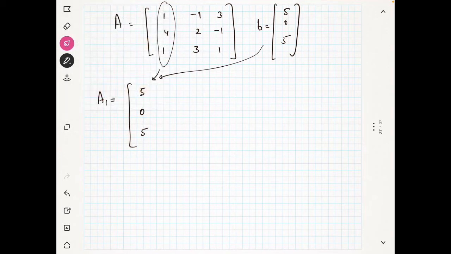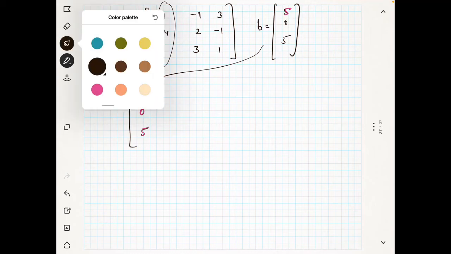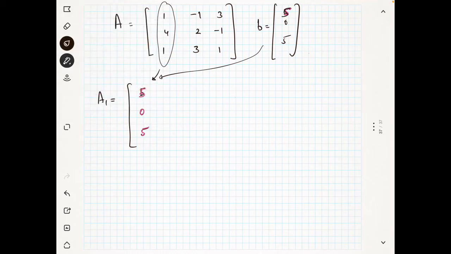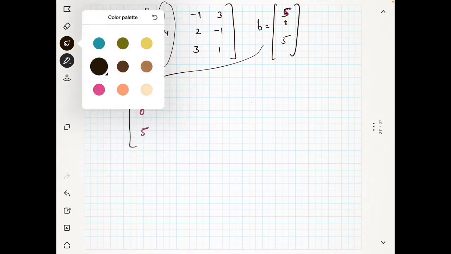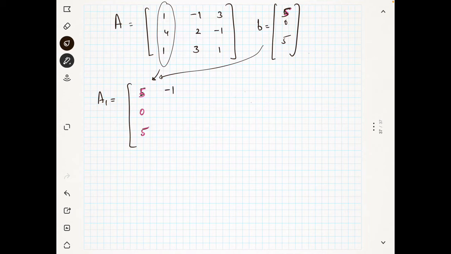So this will be 5, 0 and 5. The next elements will be same: minus 1, 2, 3, and this is 3, minus 1 and 1.